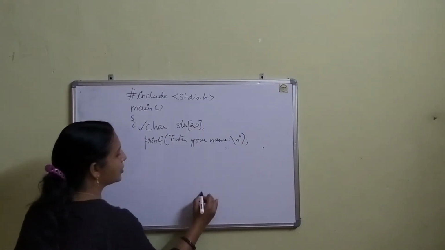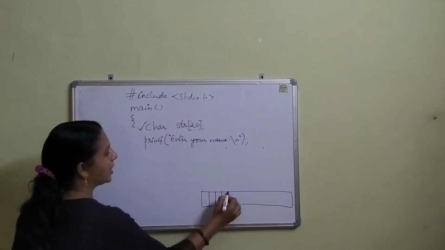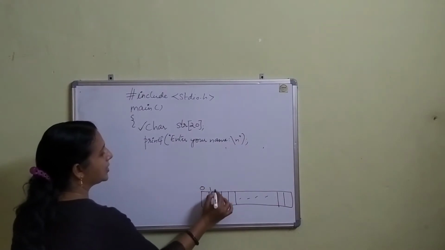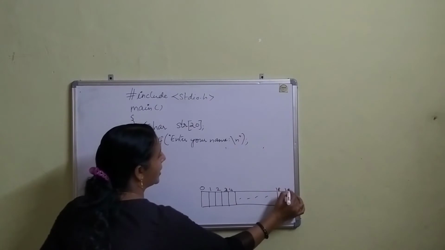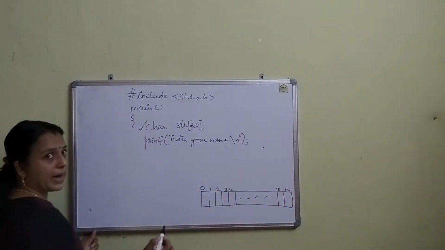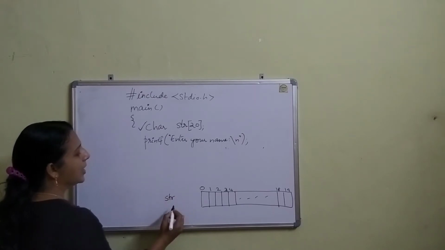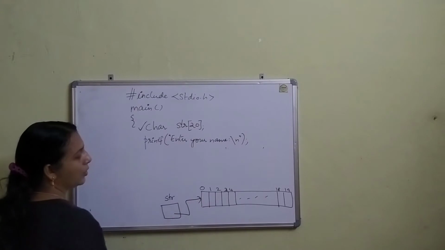It is going to give you a 20-size memory space allocated to this character array str, and the indexes start from 0, 1, 2, 3, 4 like that, up to 18 and 19. Total 20 bytes are needed for this str, and this is the character array variable, and it stores the base address of this allocated array.